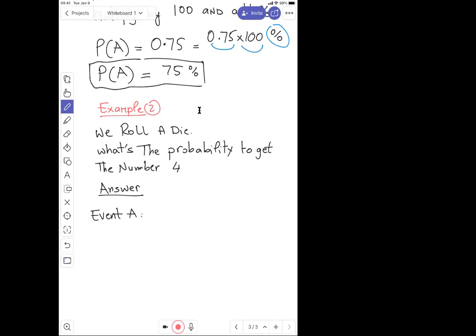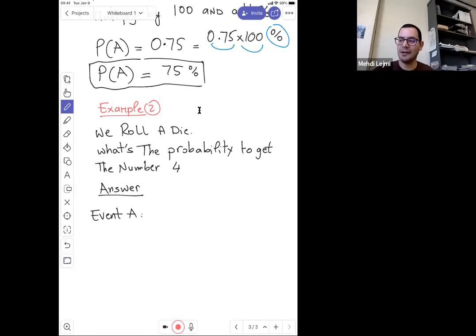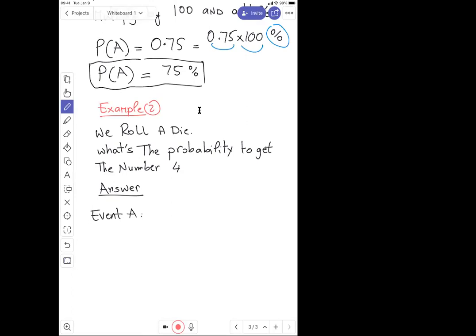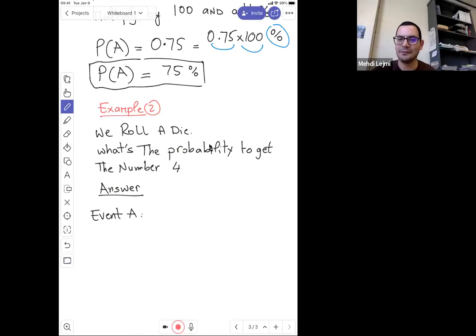Yes, the dice, that's a die. Okay, I think I muted the, okay, all right. Yes, Nivelle, die or dice is the same thing.